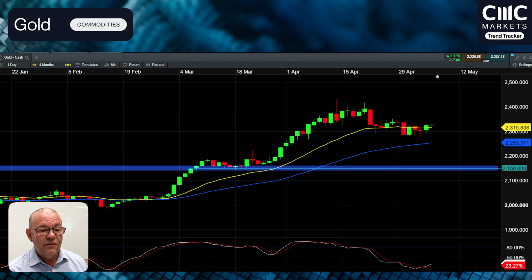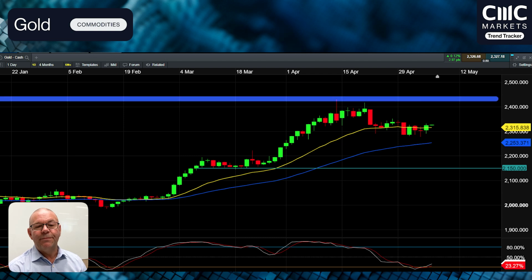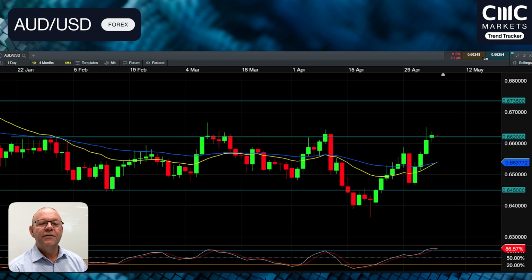We do have support down at 2,150 as well, horizontal support, which has not been tested since mid-March, but they're levels which are likely to attract decent demand. And topside, keep an eye on the recent highs made on the 12th of April, 2,431 US an ounce.